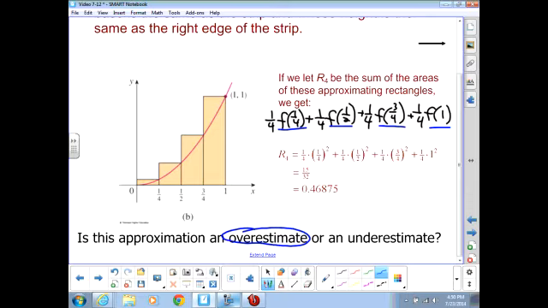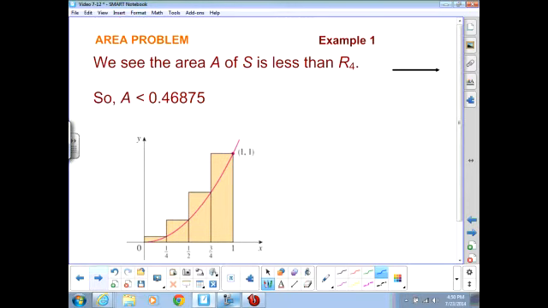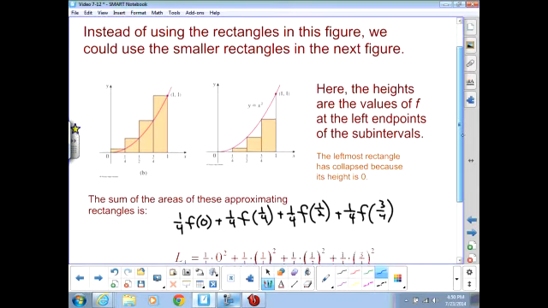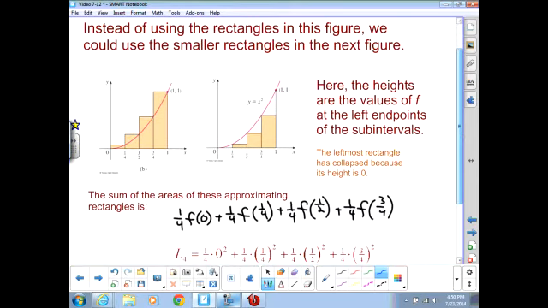So I mentioned this is just one method we could have chosen for the heights. Well, this was using the right-hand endpoints of the rectangles. Another way will be using the left-hand endpoints. So the picture on the left, you see we're using right-hand endpoints like we just did. The other option would have been to use the left-hand endpoints.